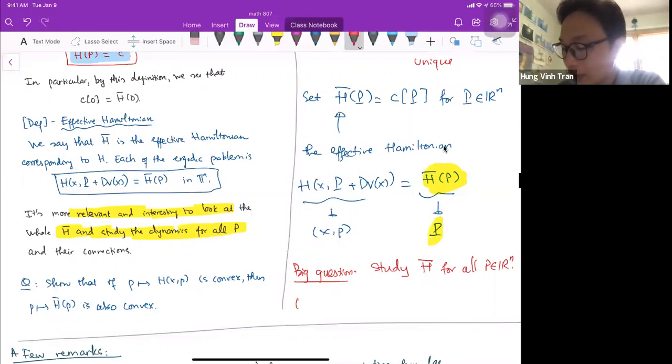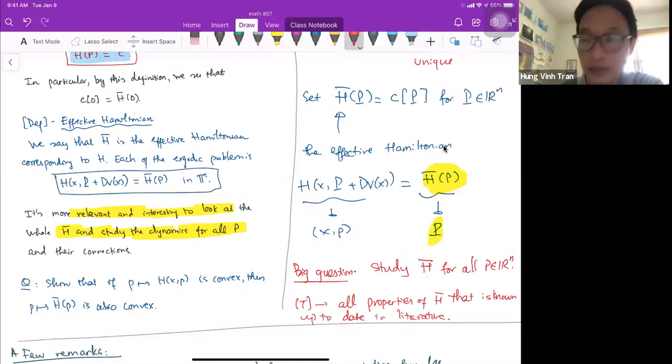In the book, I have a whole chapter, I don't remember if it's a whole chapter, maybe a few sections, on all the properties of h bar that are known up to date in the literature.